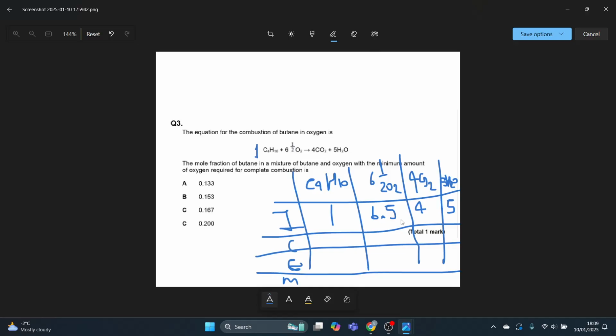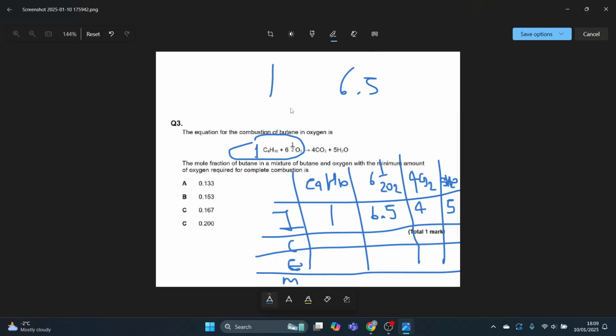Maybe I'm overreacting. Maybe I'm over-exaggerating what we need to do. Because we've got 1 to 6.5. We're trying to find a minimum mole fraction of butane with a minimum of oxygen required for complete combustion. We've got 1 mole of C4H10, 6.5 moles of O2.